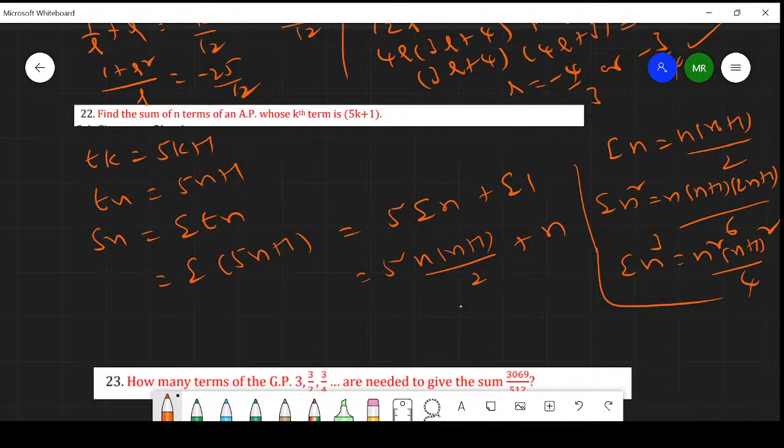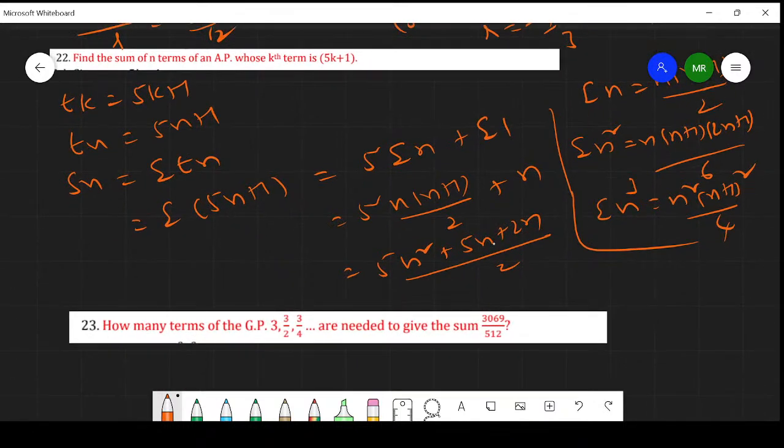Now you can see I have written this one. I can simplify this: 5 into n(n plus 1) by 2 plus n, which is (5n square plus 5n plus 2n) by 2. Check the answer here: 5n square plus 7n by 2.